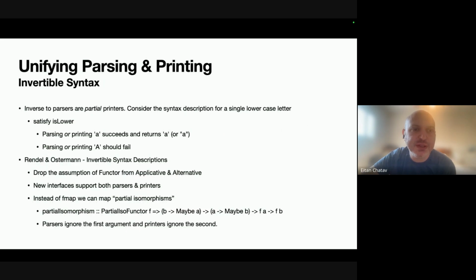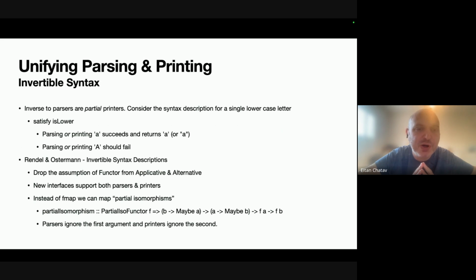So if we want to unify parsing and printing, and we want to create invertible syntax descriptions, the inverse to parsers are partial printers. Consider the syntax description for a single lowercase character, which is satisfy isLower.